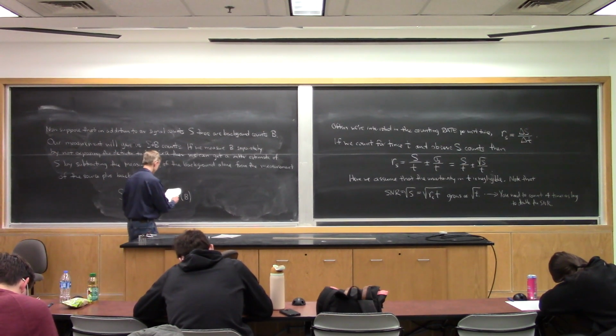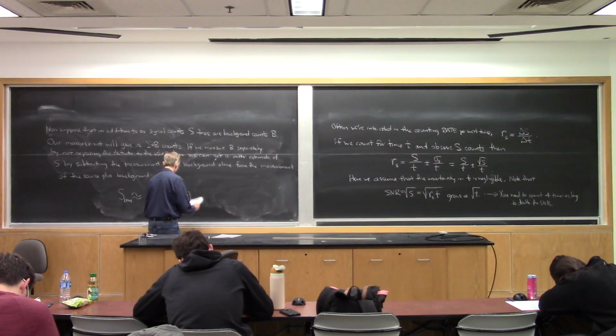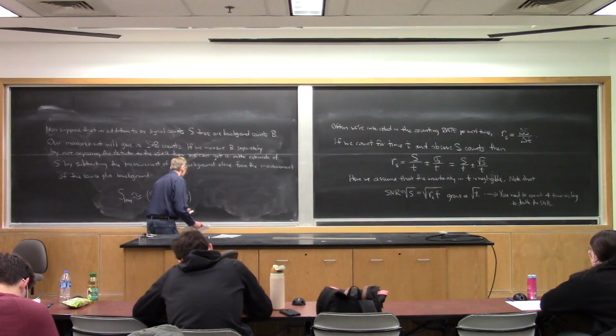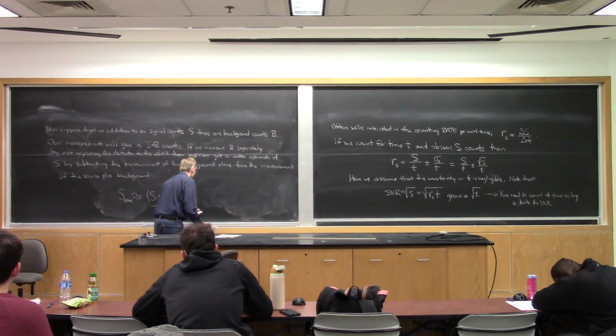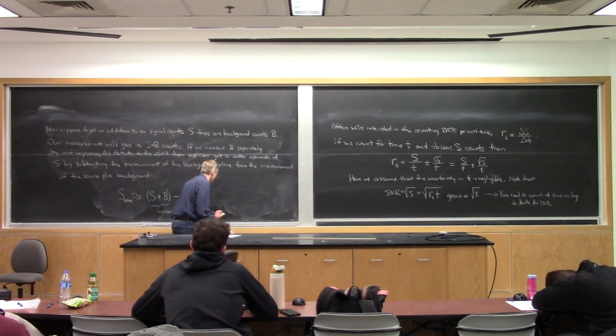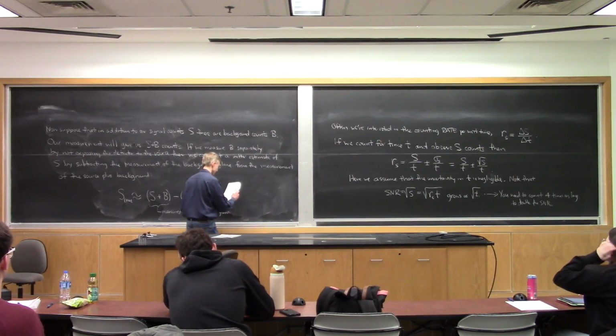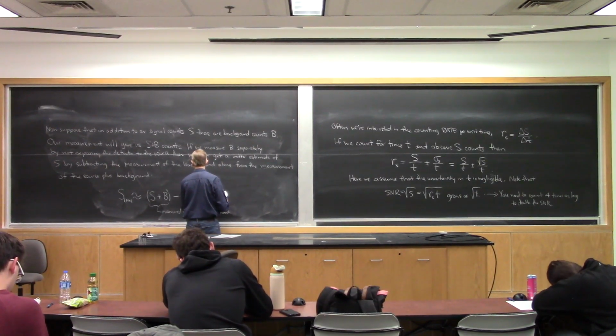So this is my S plus B. That's the measured value of signal plus background. And B up there is the measured background.